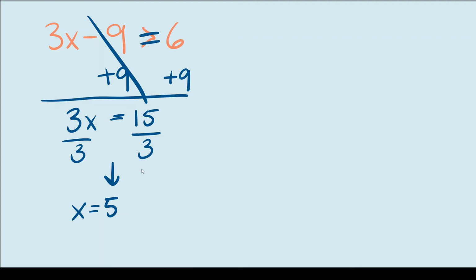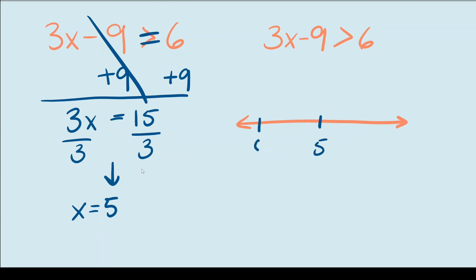Again, this is not our final solution, so let's rewrite the inequality that we had before. And this time, we're going to draw a number line with the 5 in the middle. And now we need to check which side works. So for the left side, or everything that's less than 5, I'm going to choose 0 again, because that works really nicely.